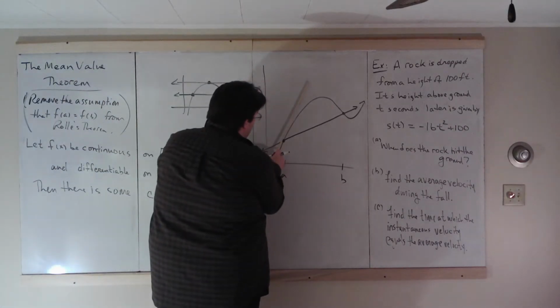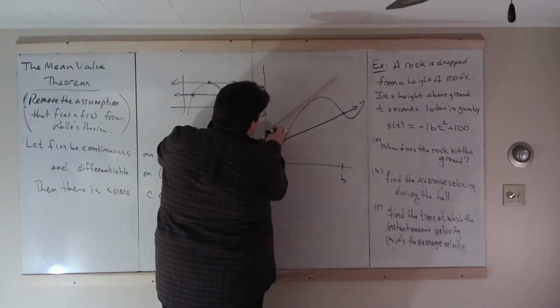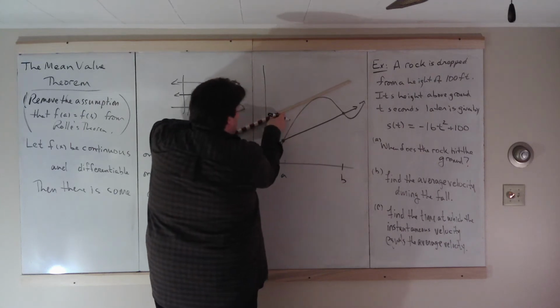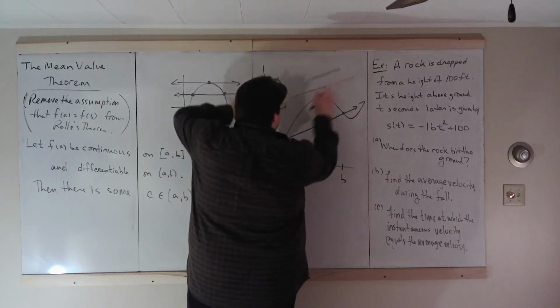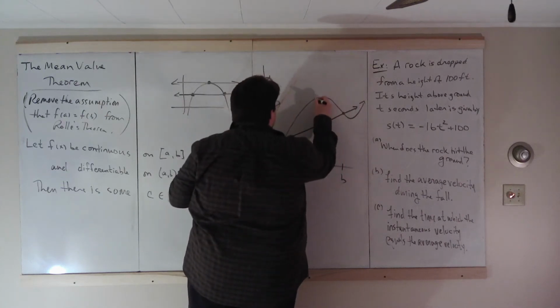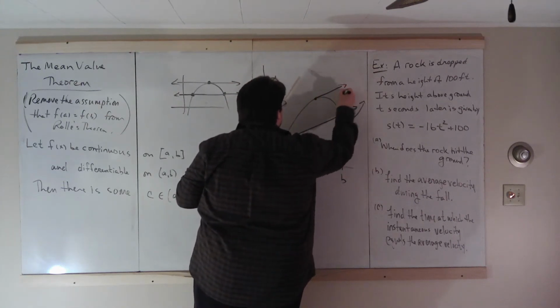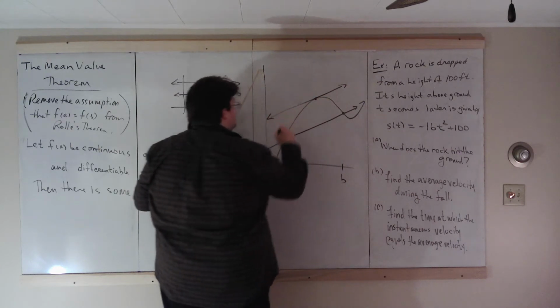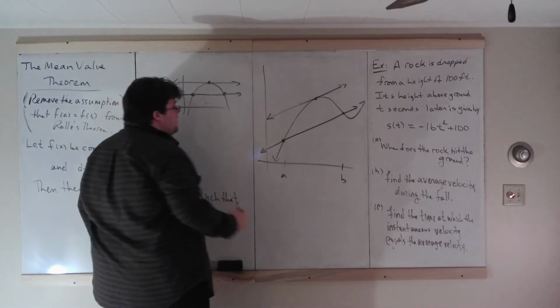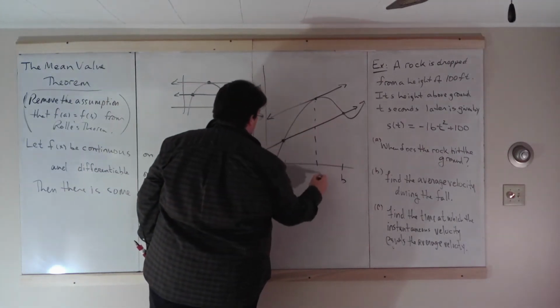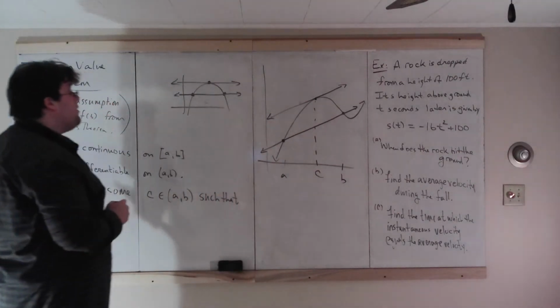And do we? Well, let's take a look. Right there, that looks awfully parallel. And after that, it's not going to be. So Rolle's theorem, tilted on its side, gives us this pair of parallel lines. And right here is going to be the corresponding c value.